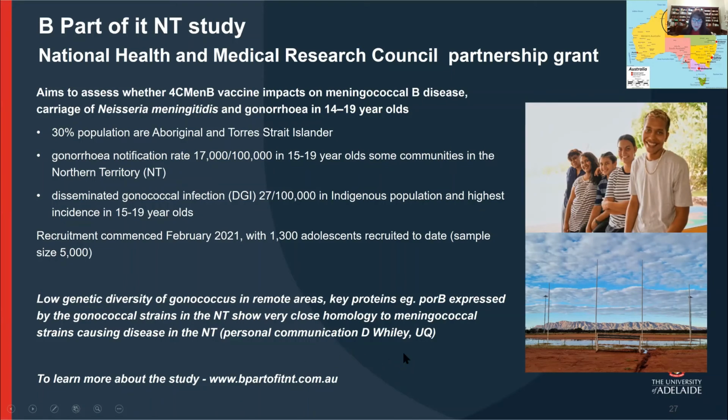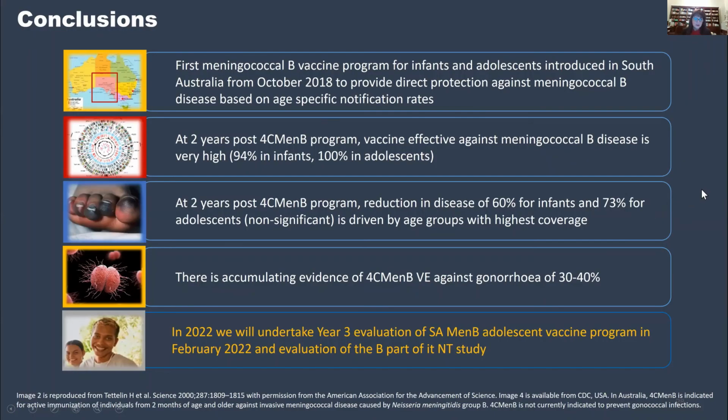I'm not going to go into any more detail about that study unless people are interested, but you can find out as much as you like from the website there, www.bepartofitnt.com.au.